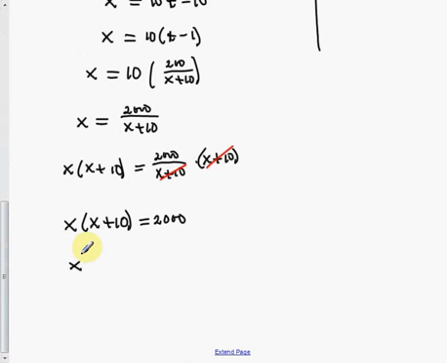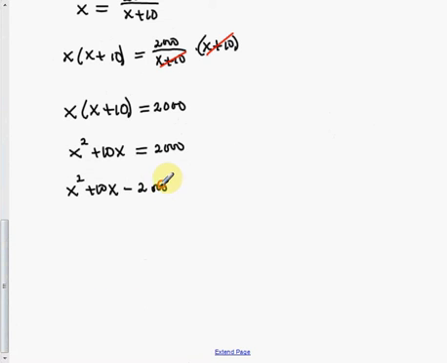Well, look at this. This is x squared plus 10x equal to 2,000. Subtract 2,000 on both sides. x squared plus 10x minus 2,000 is equal to 0. This is a quadratic equation, right?